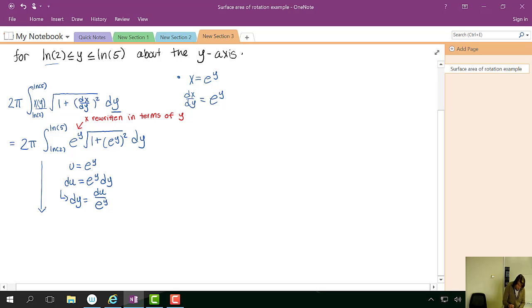So, plugging that in, I'm going to ignore the bounds for now because u substitution has changed them, and we'll write our integral as square root of 1 plus e to the y squared, and dy has become du over e to the y.